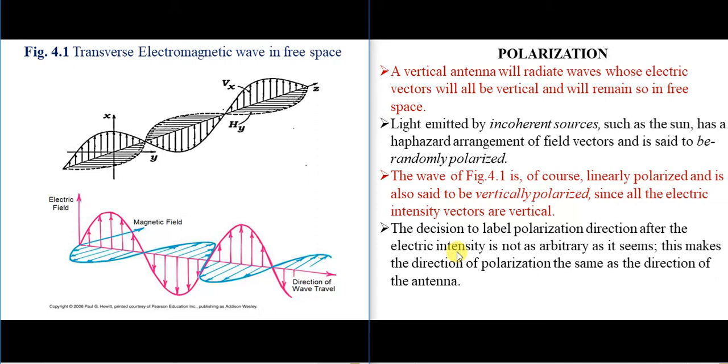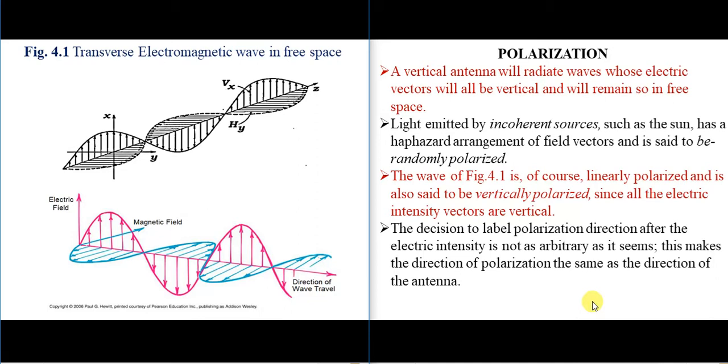The decision to label the polarization direction after the electric intensity is not as arbitrary as it seems. This makes the direction of polarization the same as the direction of the antenna.